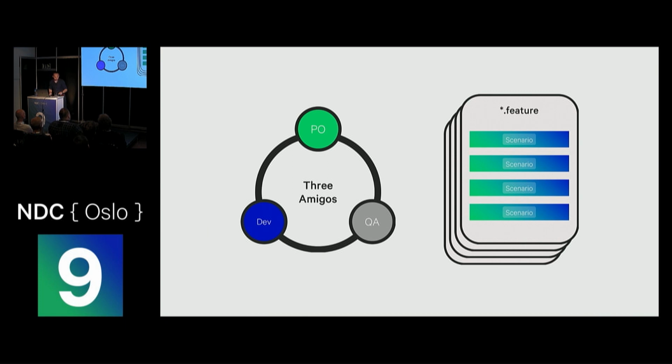So what we have right now, when we go back to the story of our awesome red velvet cake developers, is those 3 amigos sitting together, writing out all the features that we want, writing all kinds of scenarios. So we have the login feature, we have an add to shopping cart feature, we have a delete from shopping cart feature, all those kinds of things that we want to see in the application with all kinds of different scenarios within that.